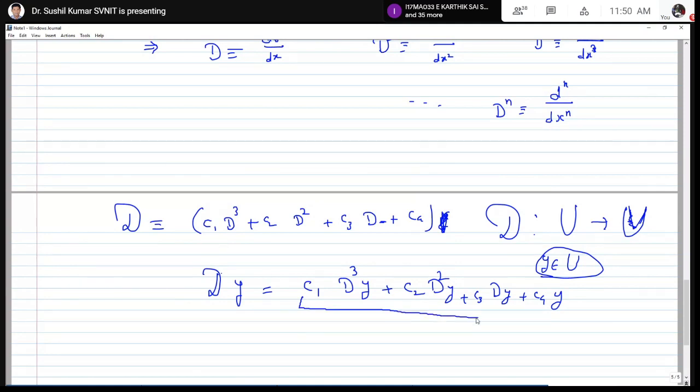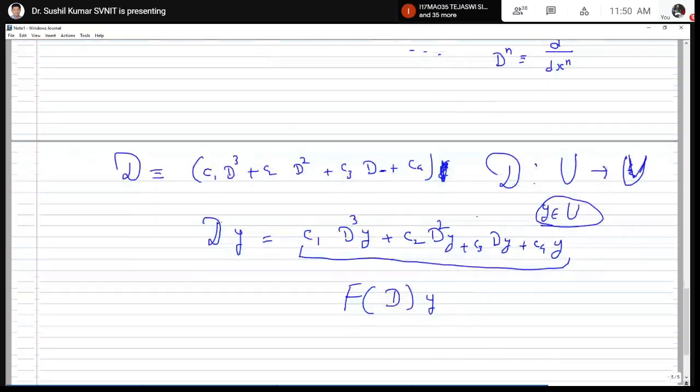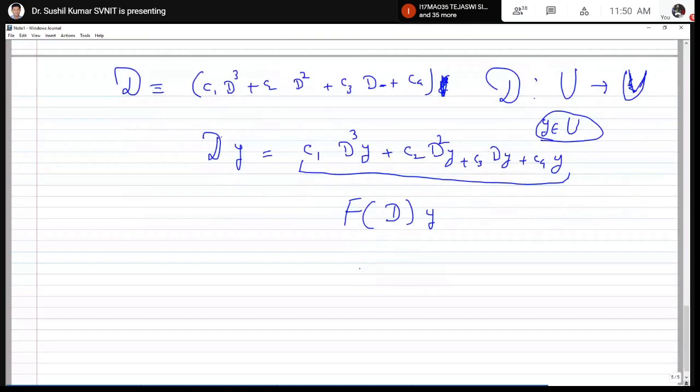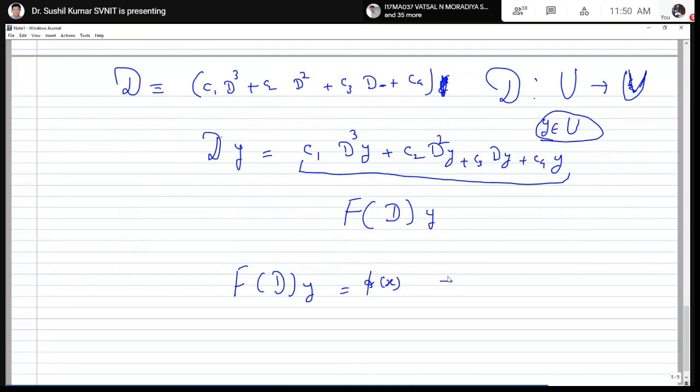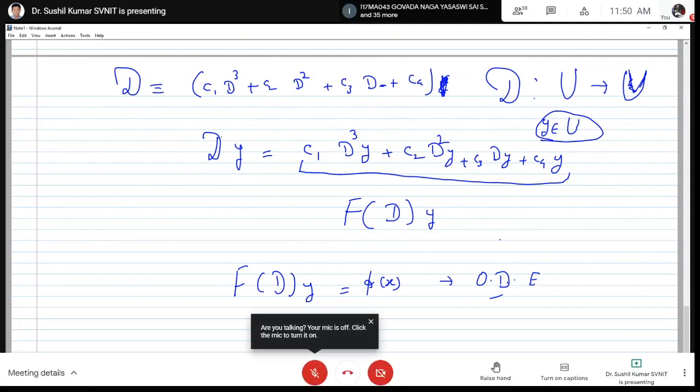So this part, I'm writing in simple form, f D y. Okay. So if I use this form, f D y equal to some function of x, then this is your ODE. Am I right? Any query up to this part? Is there any doubt, any problem?